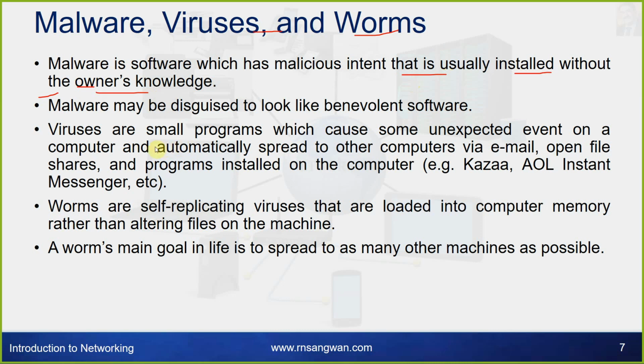Malware may be disguised to look like benevolent software. Viruses are small programs which cause some unexpected event on a computer and automatically spread to other computers via email, open file shares, or programs installed on the computer, for example, Kazaa, AOL Instant Messenger, etc.